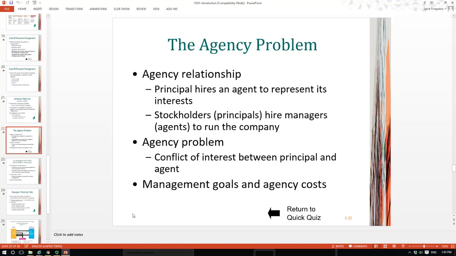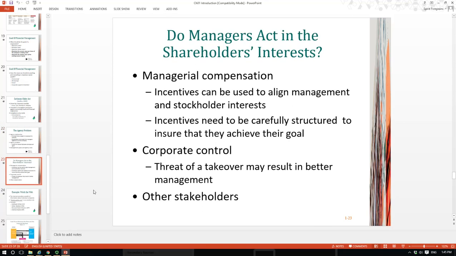To work enthusiastically for shareholders? Well, there are many mechanisms that exist on the marketplace to help make the goal of shareholders and the goal of managers consistent with each other. So far, one of the most important ones is the managerial compensation solution.